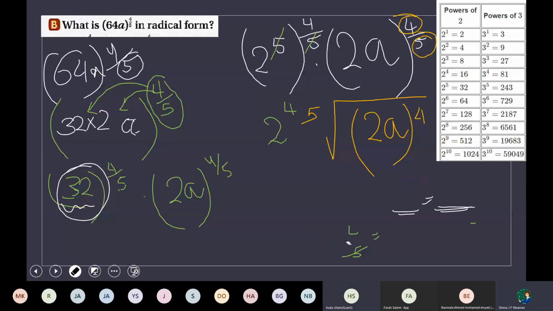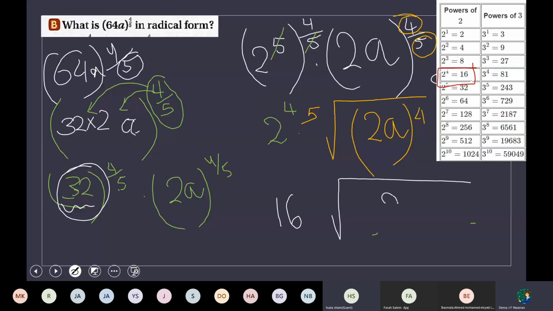Then after that, I will now simplify 2 raised to 4. Look at the table here. 2 raised to the power 4 is 16. So rewrite it as 16 times the fifth root of 2a raised to the power 4.